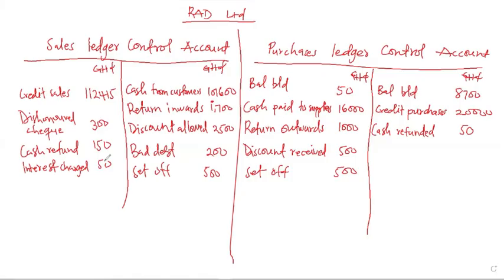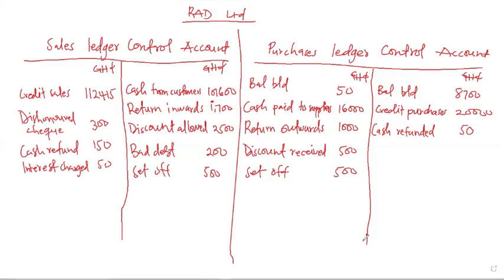Then we move to the balances that I was talking about. So here they said the debit balance sales ledger, which is 6,540. So someone will say debit balance this. What this one is trying to say is at the end of the year, there was a debit balance in the sales ledger control account.